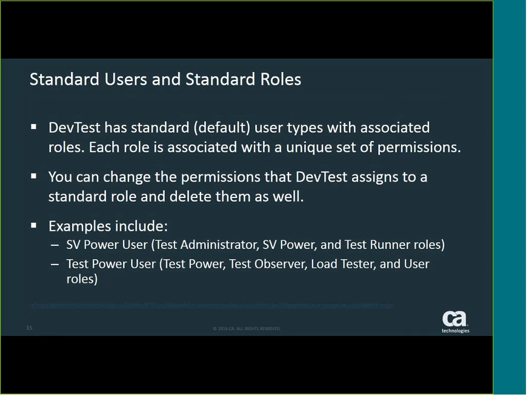You want to modify them based on how your organization is laid out and how the product's being used. In this example, we have SV power user, which is a test administrator, SV power, and a test runner roles. And the test power is test power, test observer, load tester, and also a user role. You can see the permissions associated with those roles.